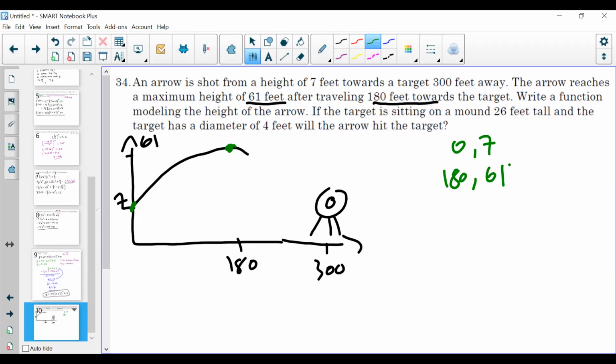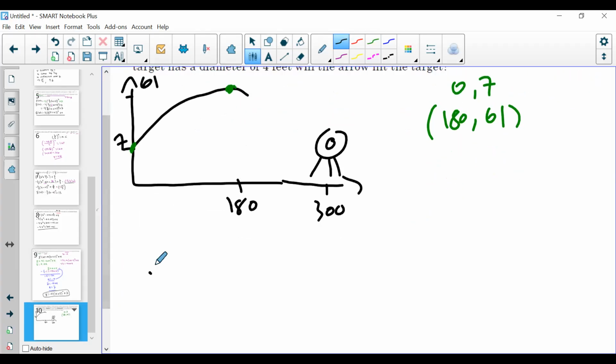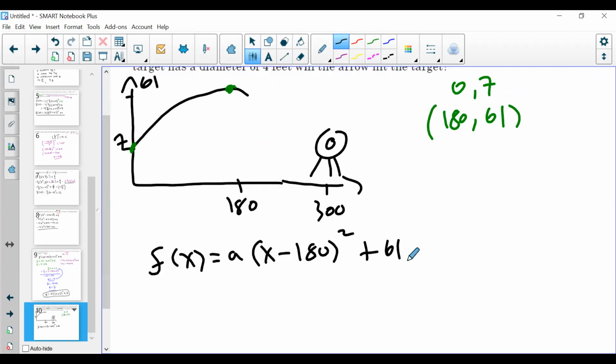Right, because 180, 61 is your vertex, that's your h and your k value. So I know that f of x, or h of x, or whatever you want to call it, is going to equal some a value that I don't know, times x minus my h value, which is 180, all squared, plus my k value of 61.